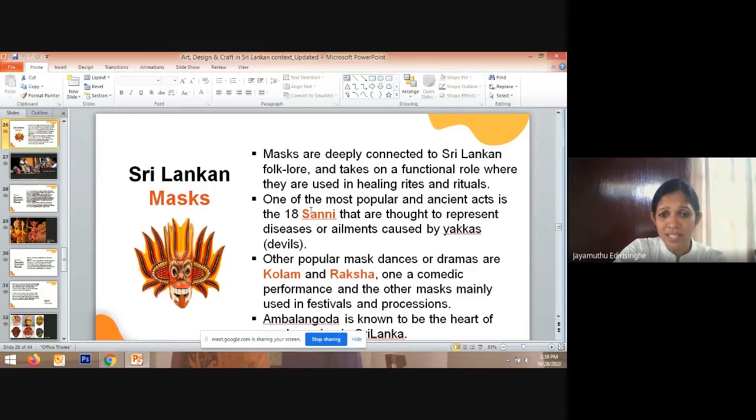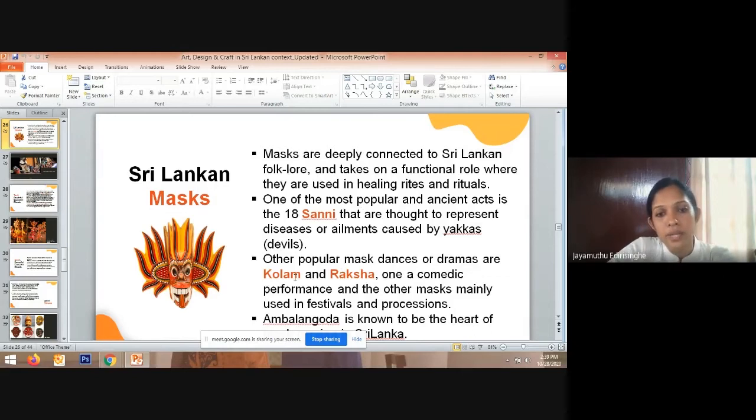Here we have different mask sets. For example, there are Sanni masks. We have 18 Sanni masks, and they represent different diseases. We call these demons yakas. The people in ancient Sri Lanka thought that these demons or devils make people ill, so we had 18 masks we call Sanni masks to depict those diseases.